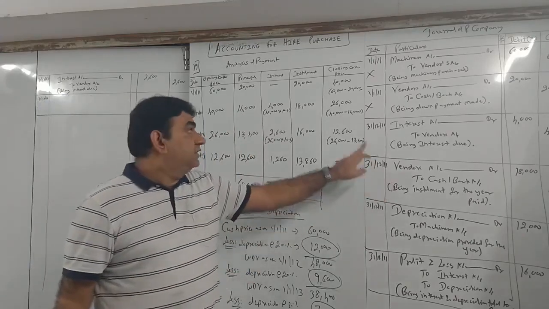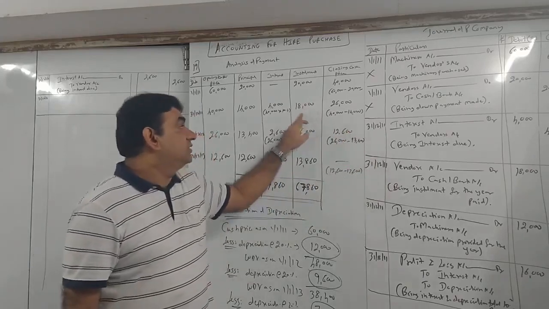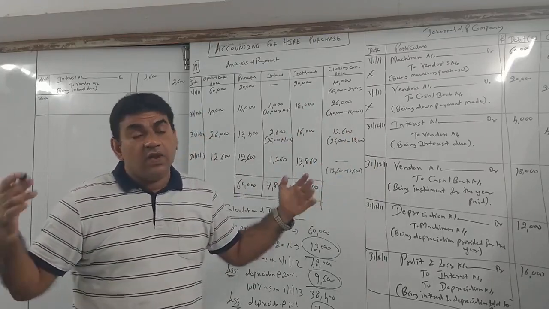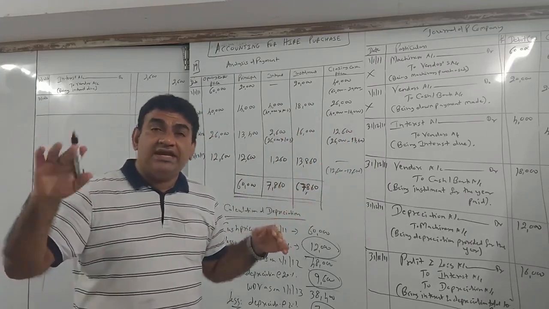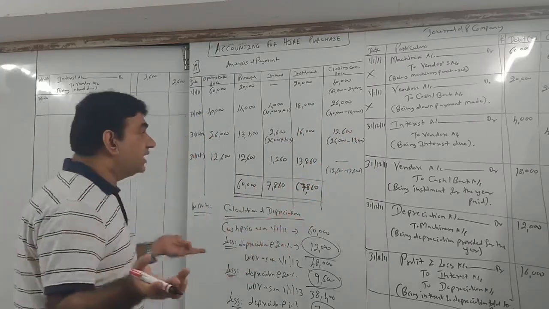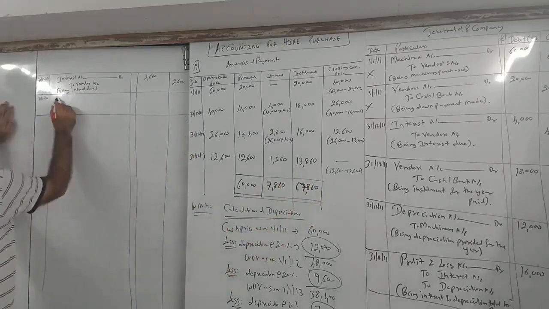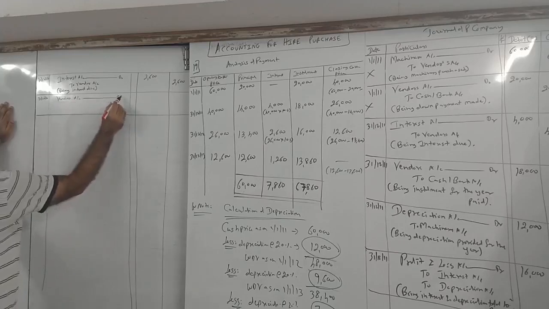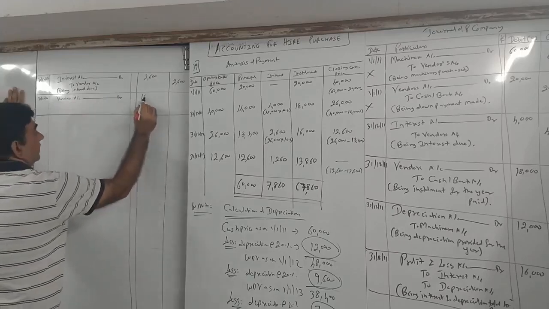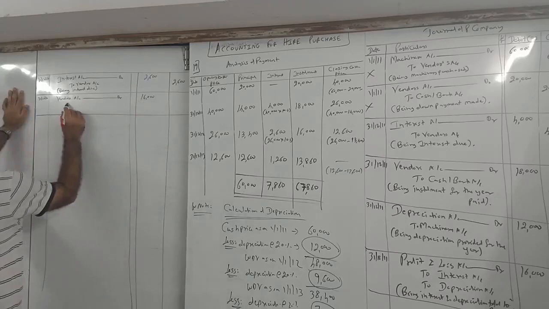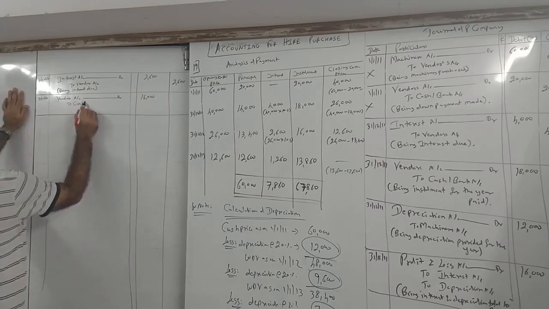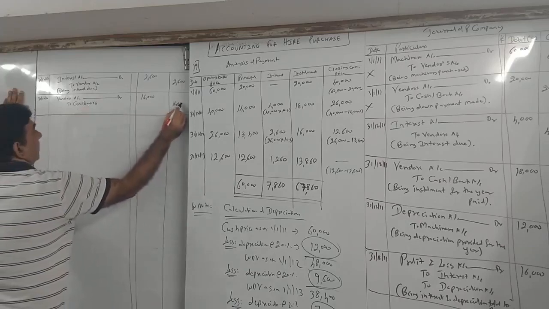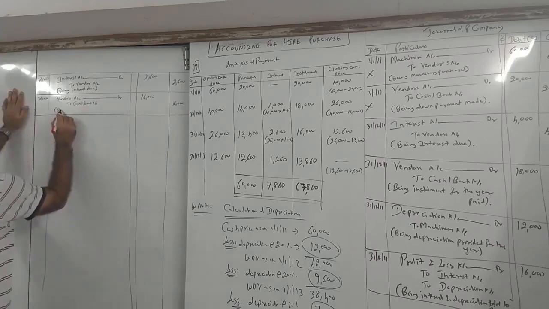Next, installment. First year's was 18,000. What is my second year's installment? 16,000, paying to the vendor. Vendor is the receiver, so I debit vendor's account, and money is going out, so cash bank. So my next entry becomes vendor's account debit 16,000 to cash bank 16,000.